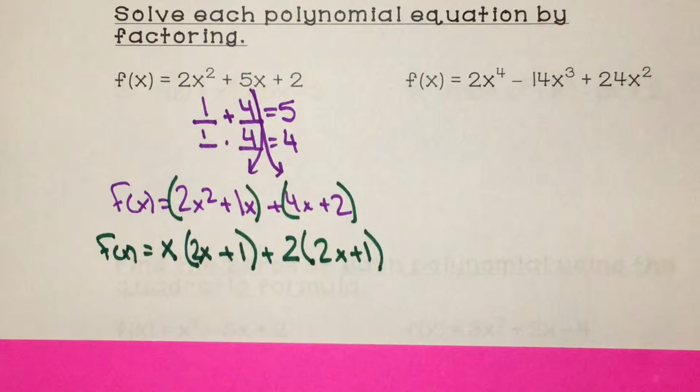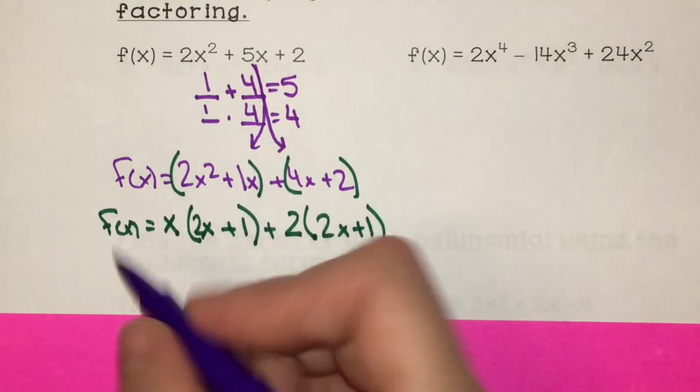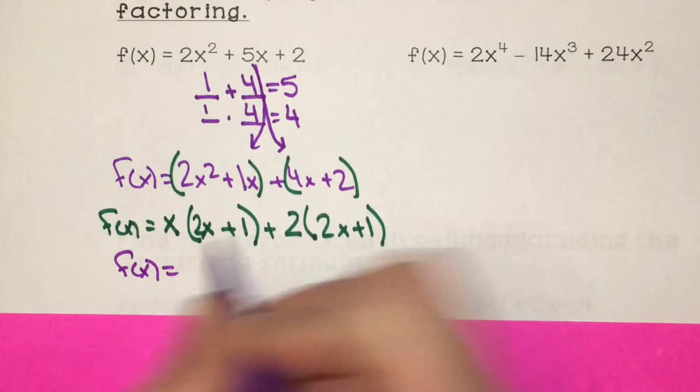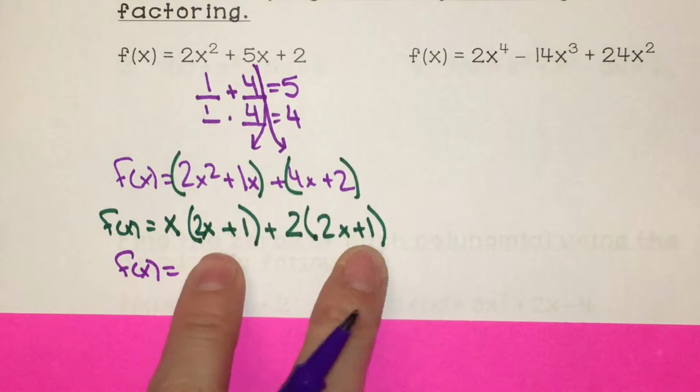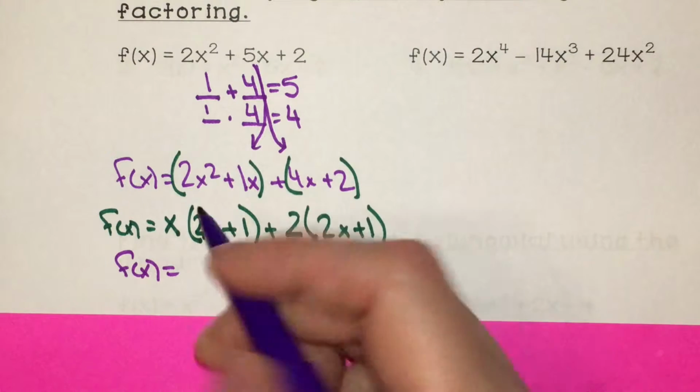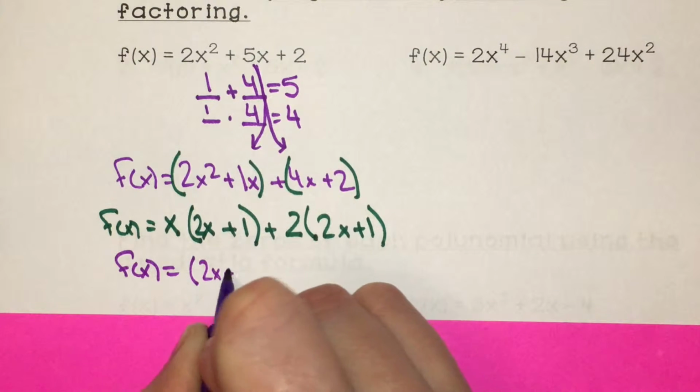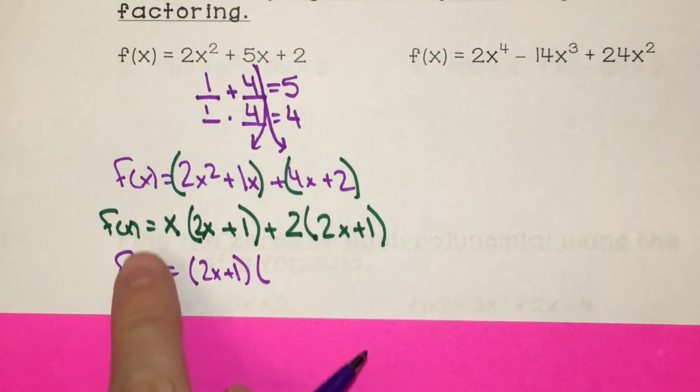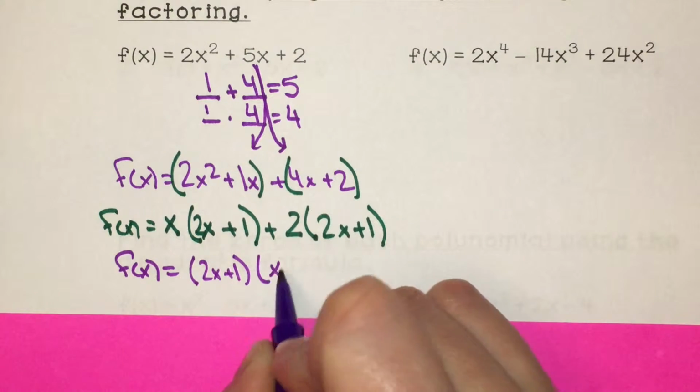Then, again, I'm going to keep factoring. We have f of x is equal to, greatest common factor, we have 2x plus 1, so factor that out. Multiply that by x plus 2.